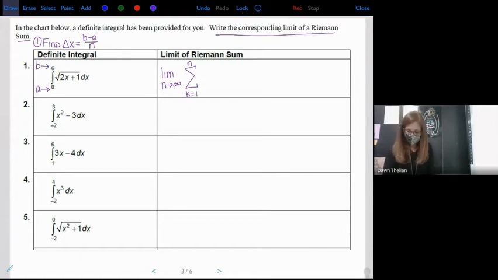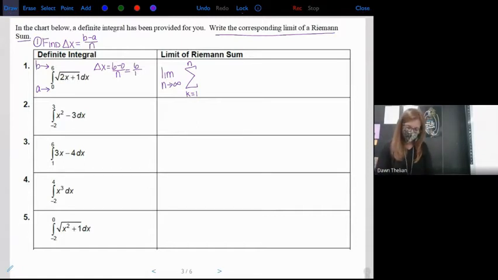So I can calculate my delta x, b minus a over n. So delta x is 6 over n. And it's always going to be in terms of n because remember, eventually n's going to infinity. That's the theory behind this.